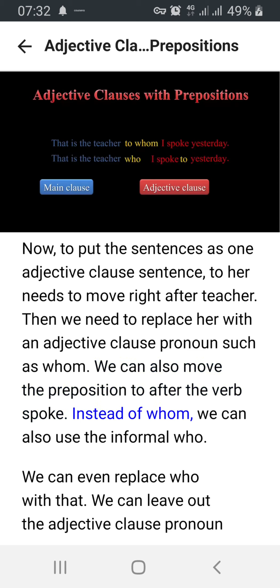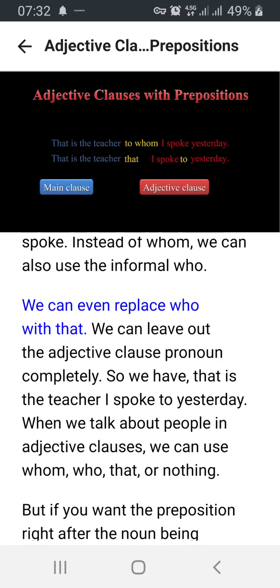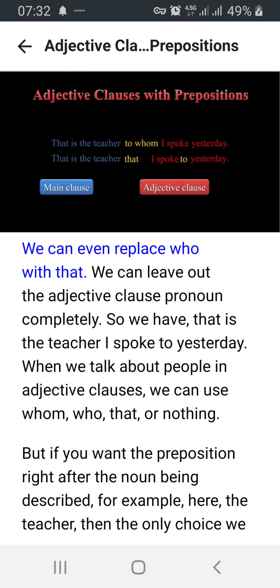Instead of whom, we can also use the informal who. We can even replace who with that. We can leave out the adjective clause pronoun completely. So we have, that is the teacher I spoke to yesterday.